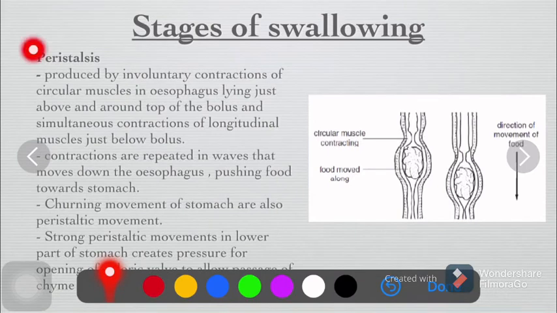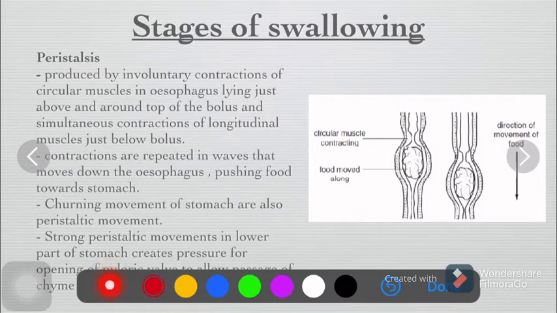As we already know, the mobility of the gut involves two phases, swallowing and peristalsis. We had read about swallowing, which involves 3 stages, and now we are going to read about peristalsis. So what is peristalsis?